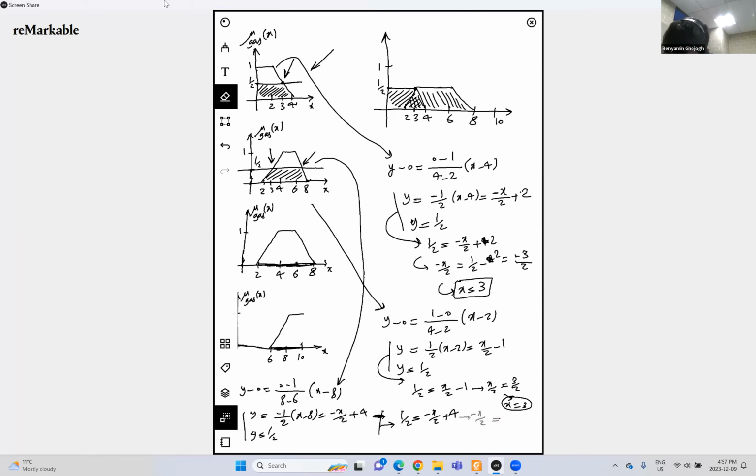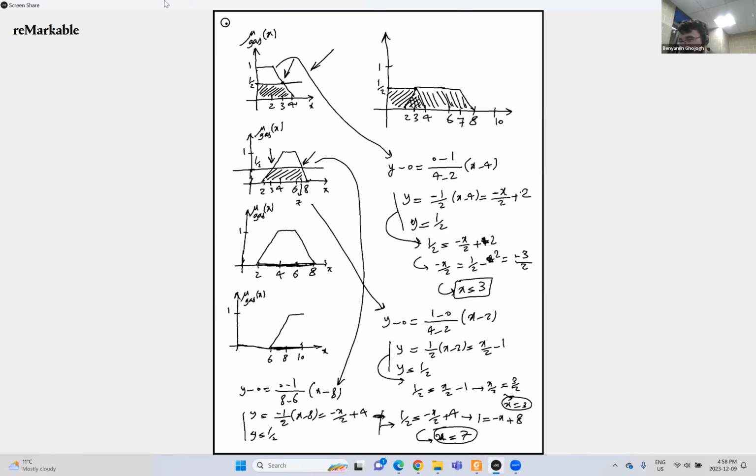I can do this too. Yes, x equals 7. So that would be 7. So here I drew it incorrectly. I need to correct that part. This is 7.